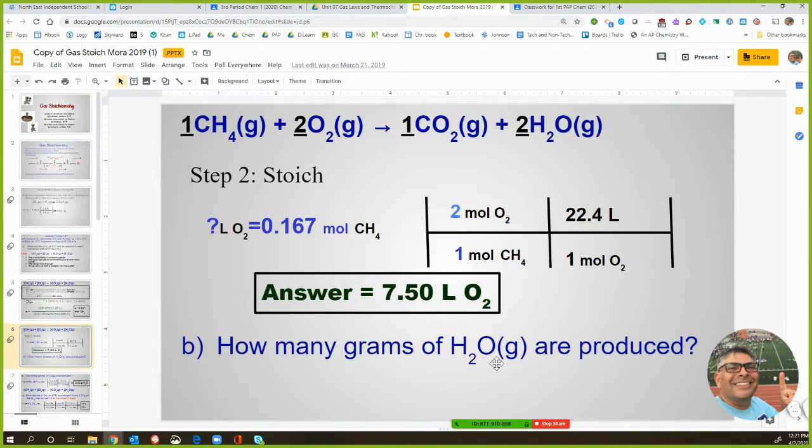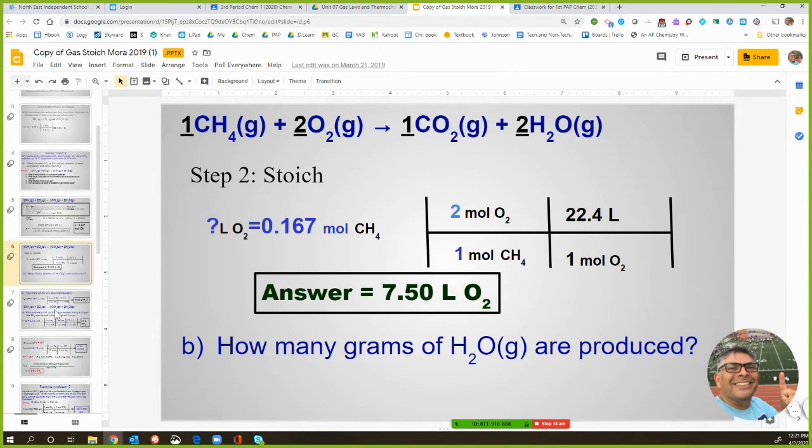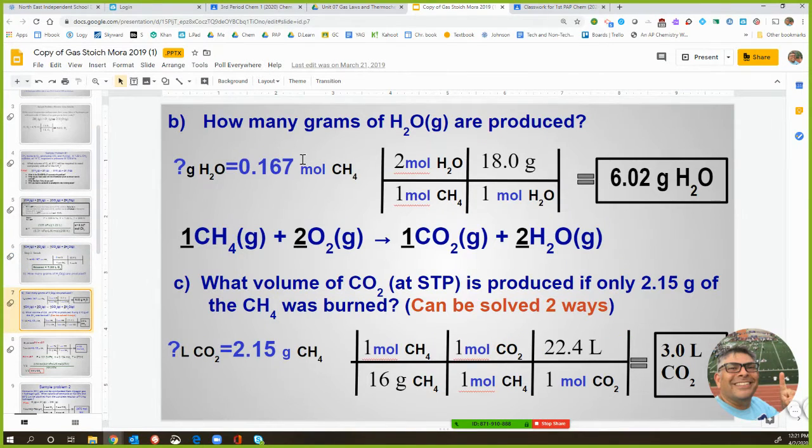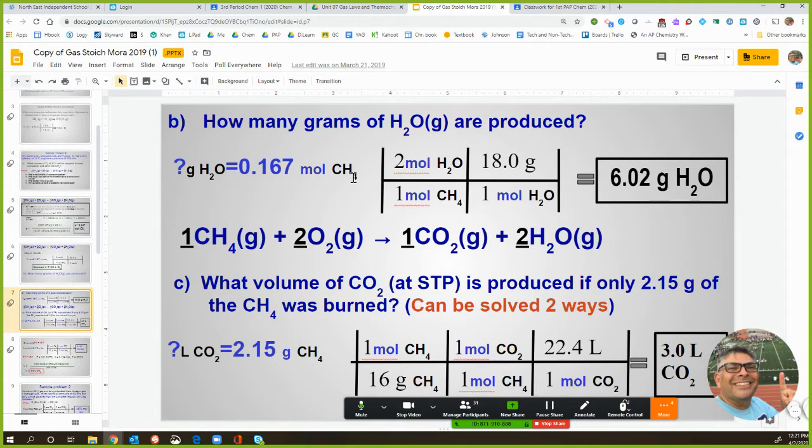Part B, it's asking how many grams of water are produced. So we know that we had 0.167 moles of methane. We're going to do some stoich, and we're going to switch from methane to water using that mole ratio.